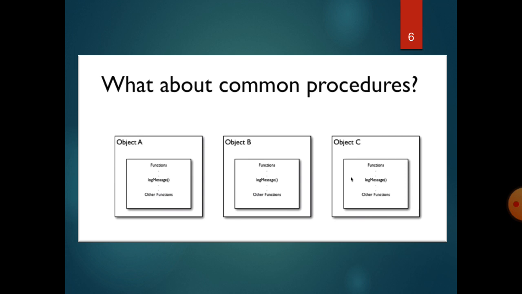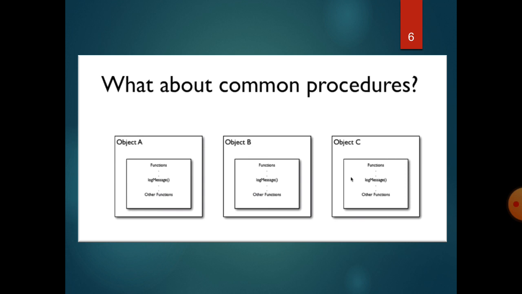Not all programs can be classified into objects. As you see, if we have a log message in every object and we insert the code repetitively in each one, that is not a good design, so it becomes more complex.